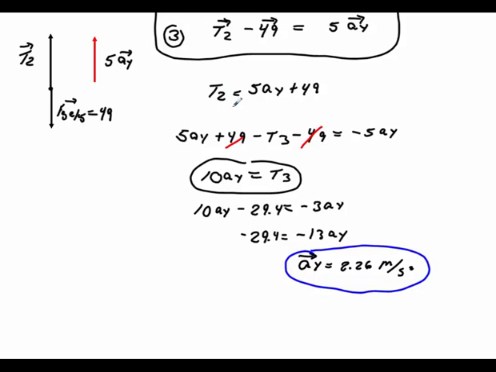We'll come back to T2 right now, put it back in here. So we know that T2 is equal to 5 times 2.26 plus 49. We'll do that real quick. That gives me a tension of about 60.31.